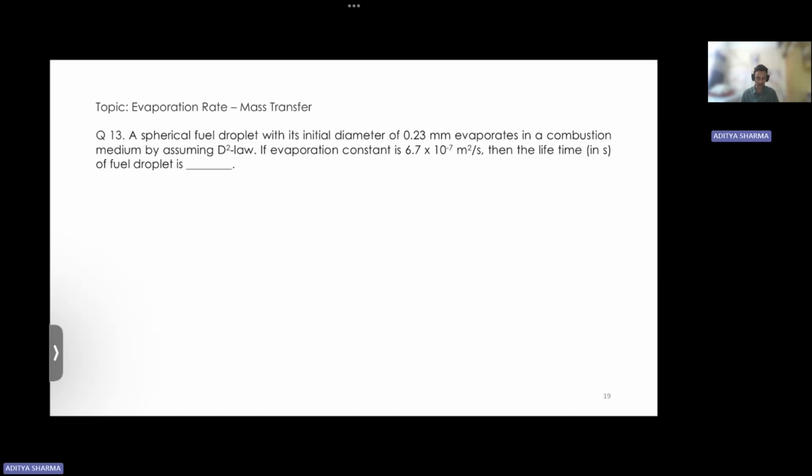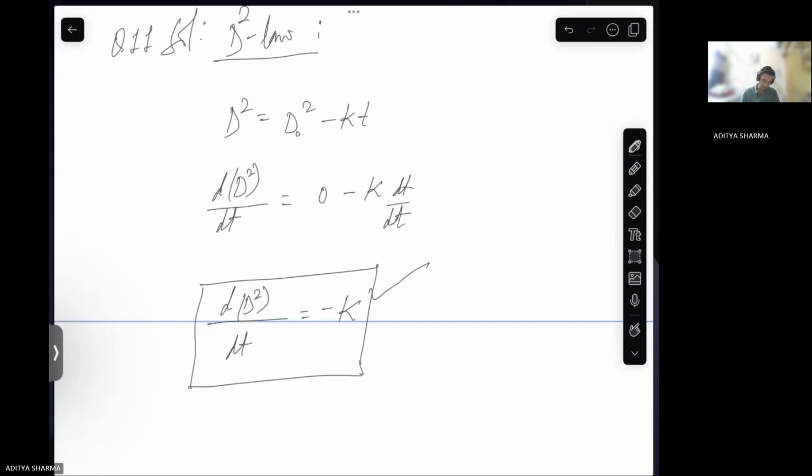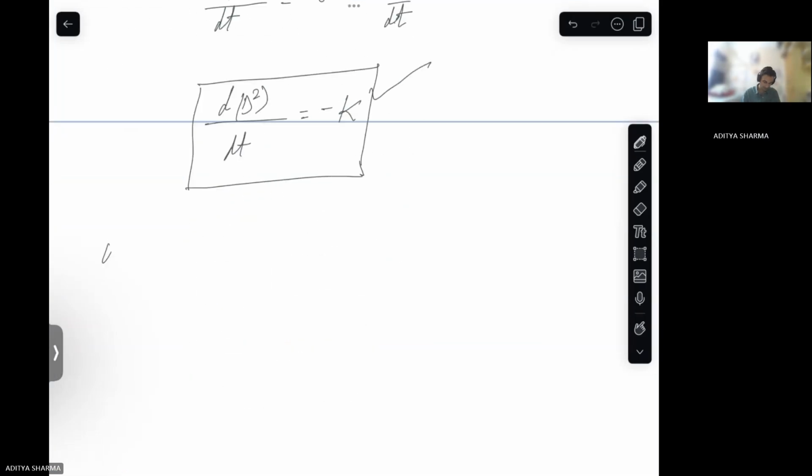If evaporation constant is this, then the lifetime of the fuel droplet is. So we know lifetime. How do we calculate that? Lifetime is d naught square by k. D naught here is 0.23 mm.